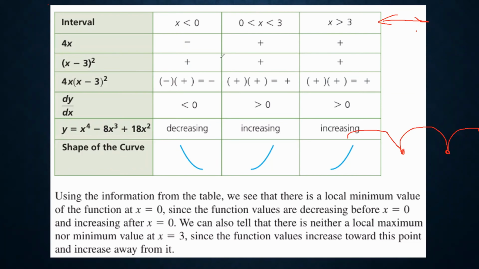If you have 3 points, how many intervals? 4. And if we have 4 points, 5, exactly. So you can see the pattern that the number of intervals is always one more than the number of points.